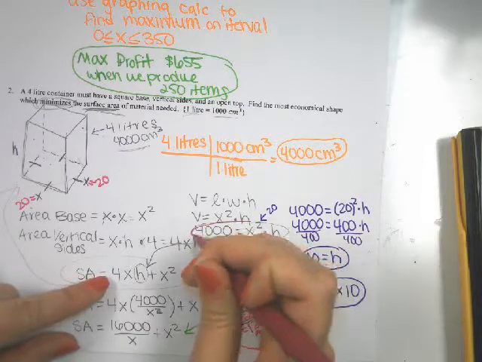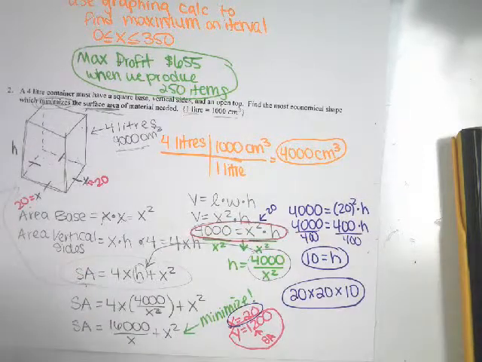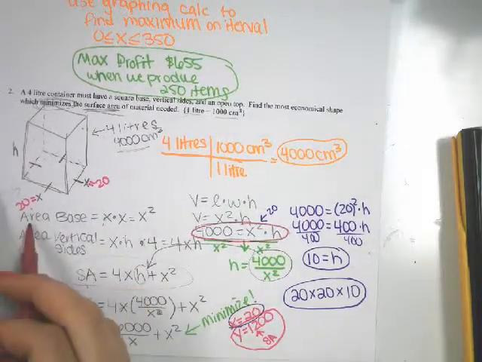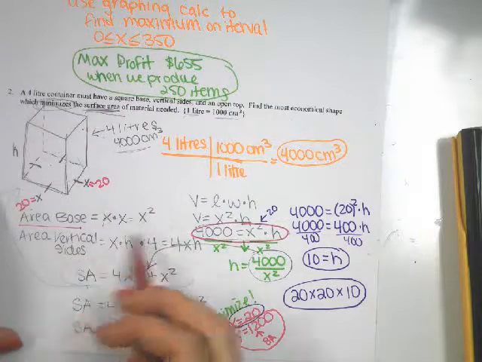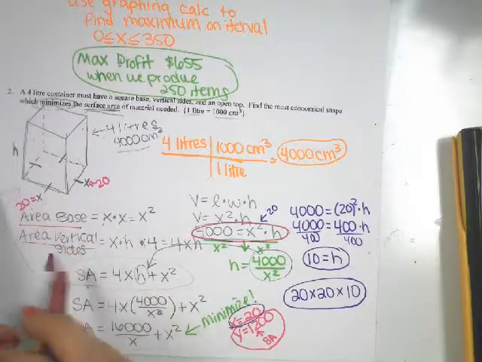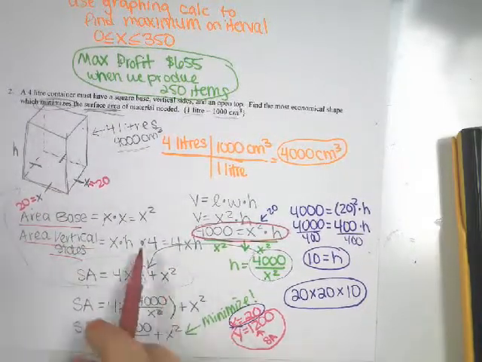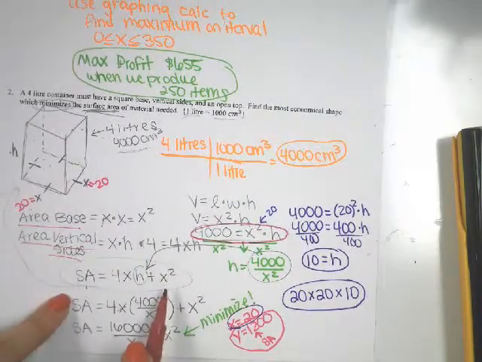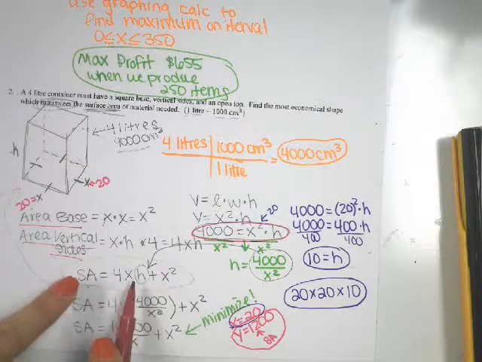So we set up an equation for the volume. But what we're trying to minimize is the surface area, so we needed an equation for the surface area. The surface area was the area of the base, a single base, plus the area of your vertical sides, and there were 4 of those. When you add those together, you get your surface area formula.